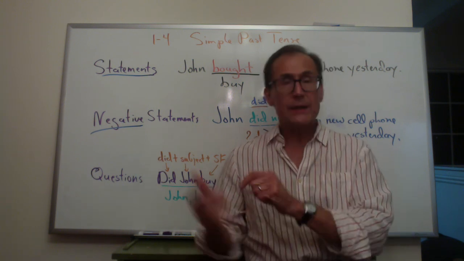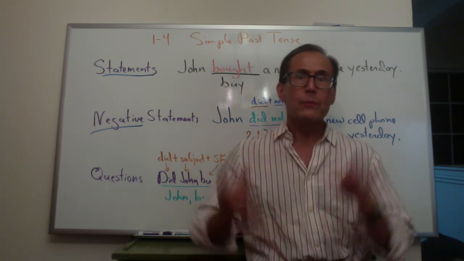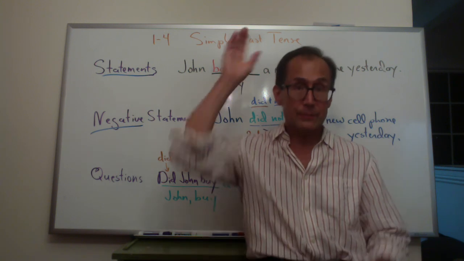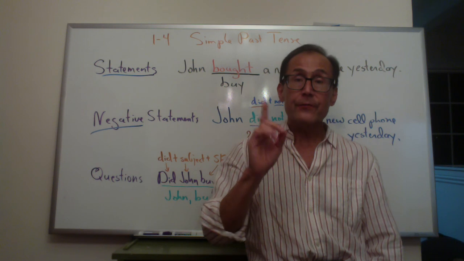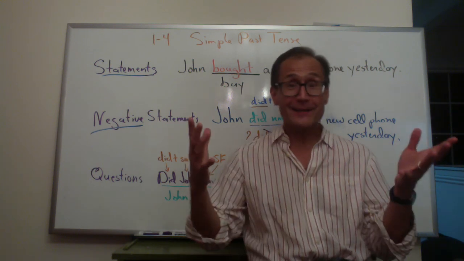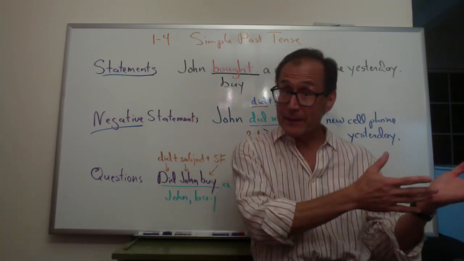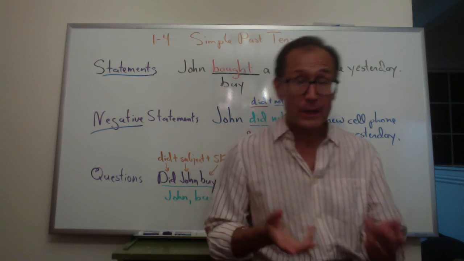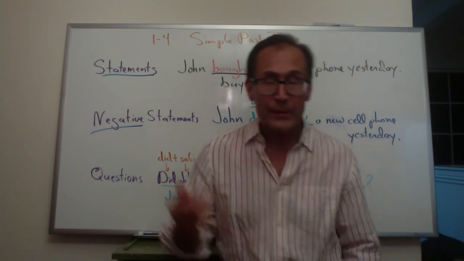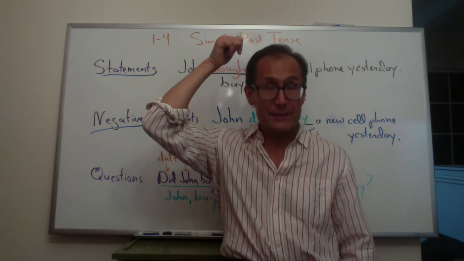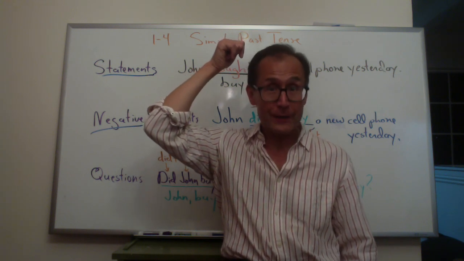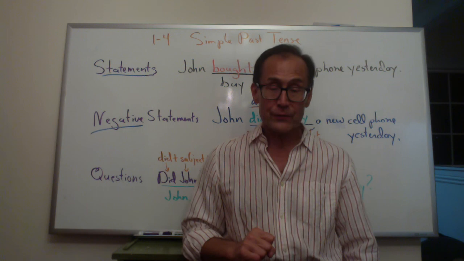There's some times that I need to use the other past tenses, but most of the time, simple past is good for a past sentence. So, if you're not sure, or if you're taking a test in English, and you know what's happening in the past, and you're not sure which past tense to use, if you have to guess, if it's in the past, simple past is probably right. So that might be useful.